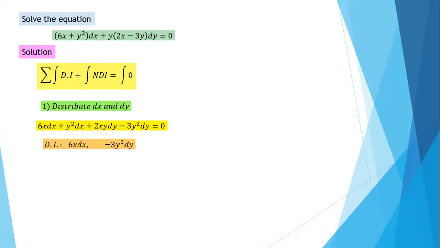Then for our DI, we have 6x dx, then negative 3y squared dy. For our NDI, we have y squared dx, then 2xy dy. So we choose y squared dx as our NDI.